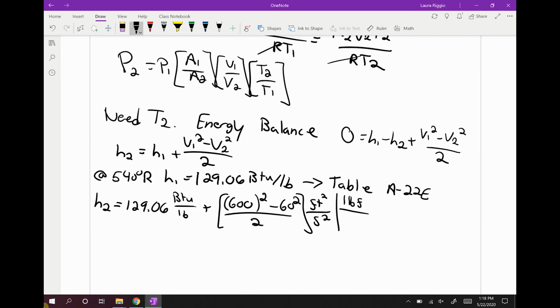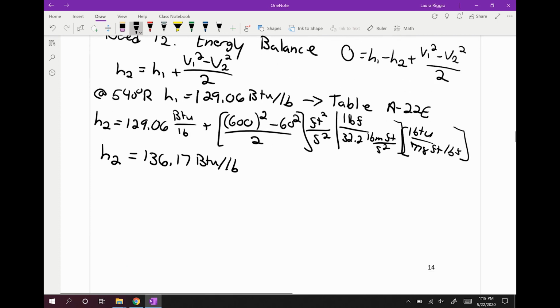I have to correct my units. One pound force is 32.2 pound mass feet per second squared, and 1 BTU is 778 foot-pounds. I get H2 is equal to 136.17 BTU per pound.